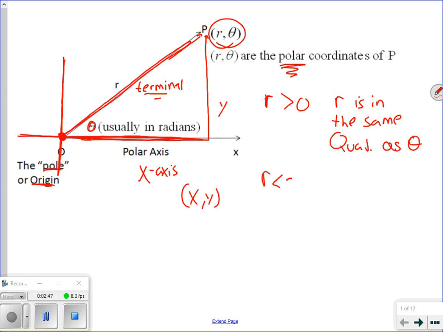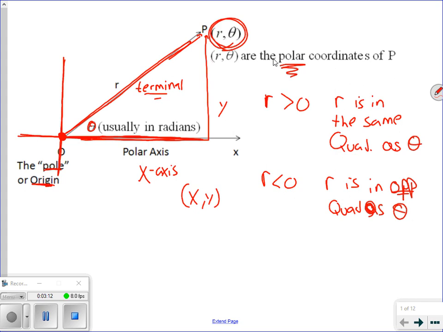And if r is less than 0 or negative, r is in the opposite quadrant as theta. Okay, so we're going to do a bunch of problems practicing dealing with points in polars, equations in polars, and this is all going to lead to some calculus in our next lesson.